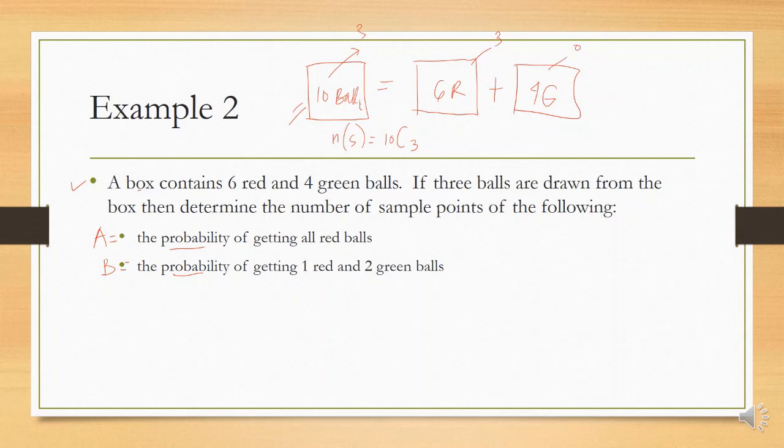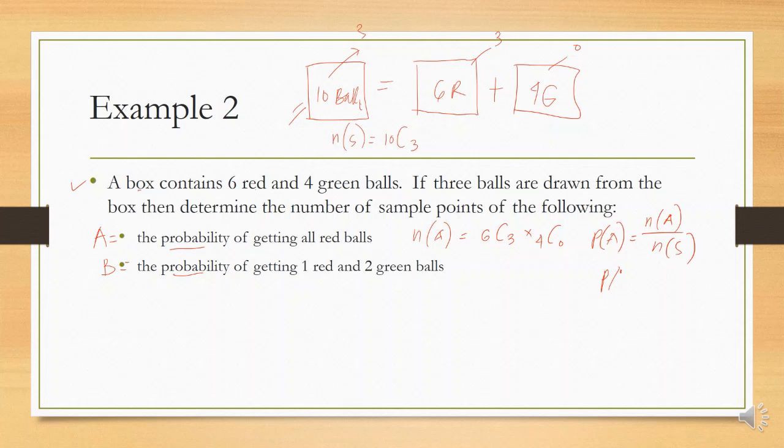Okay? So, yung N of A natin kanina, going back, is 6 combination of 3 and 4 combination of 0. Now, if we follow our formula for P of A, it is simply N of A over N of S.